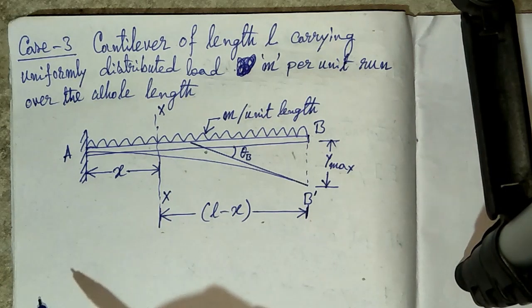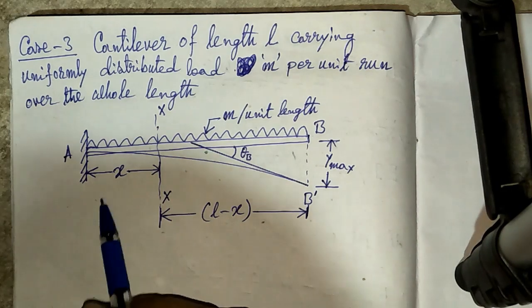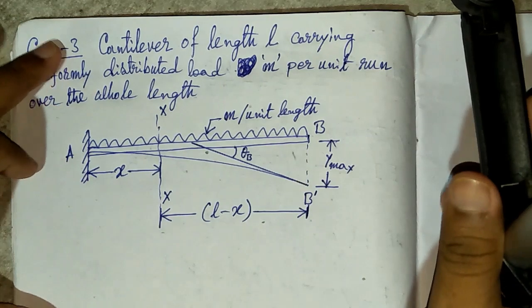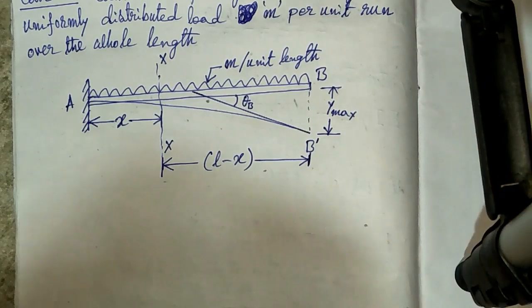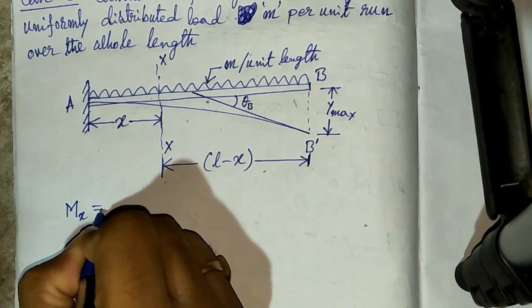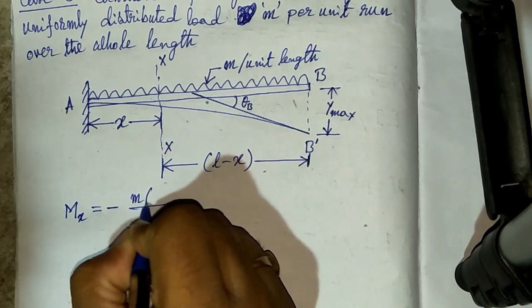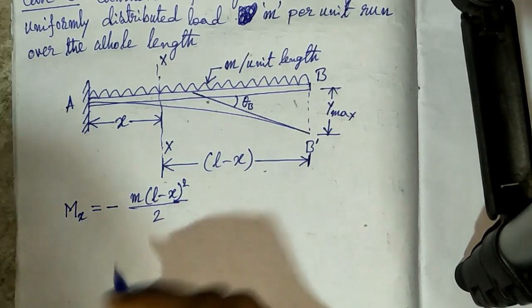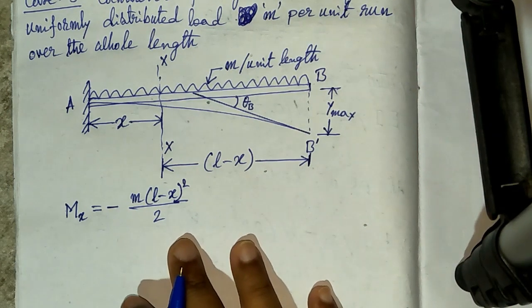We have taken distance x from the fixed end, point A. The moment at point X becomes M suffix x equals minus w into (L minus x) whole square by 2. This we know is a formula that comes from the shear force bending moment diagram.